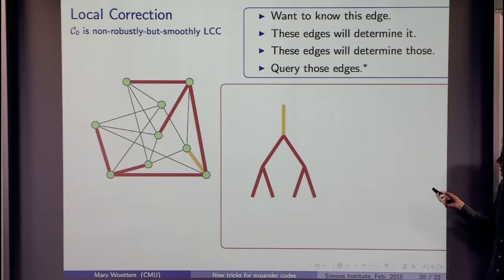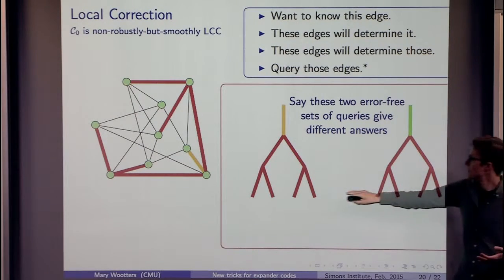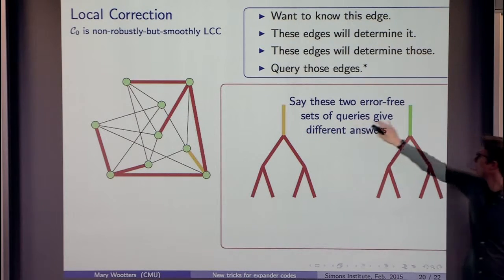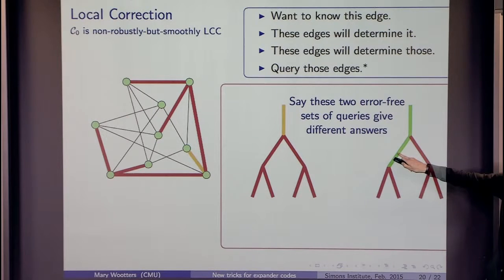And this takes a little bit of work, but the basic idea is that suppose that I had two trees, and I'm trying to decide which one is the truth. So I have some error-y version of one of these trees. And this one has a different symbol on the root than this one. Well, then they also must differ in one of the children of the root because of the locality. And then they also must differ down there.